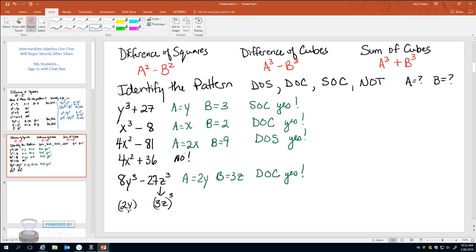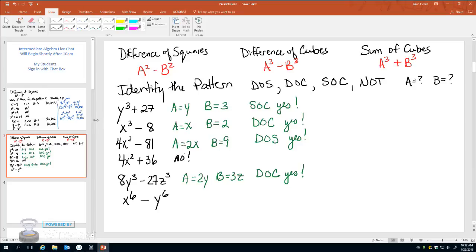Okay, a couple more. Okay, the next one that we're going to look at is kind of tricky. x to the 6th minus y to the 6th.